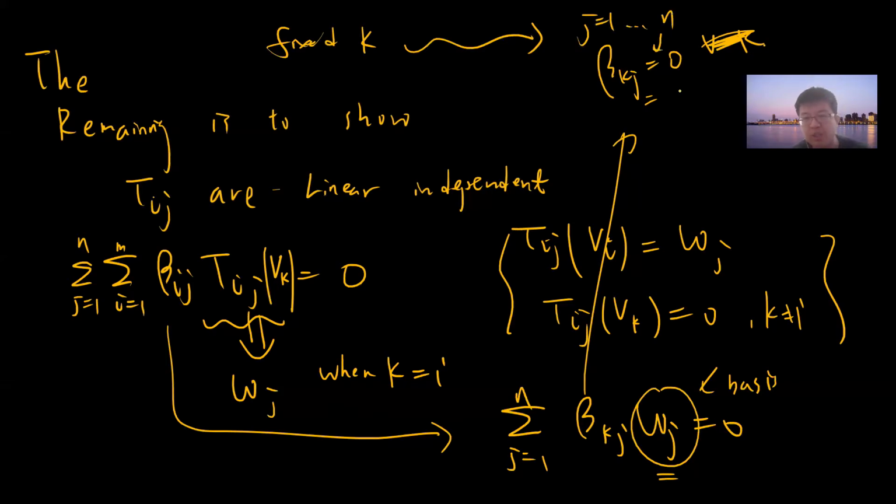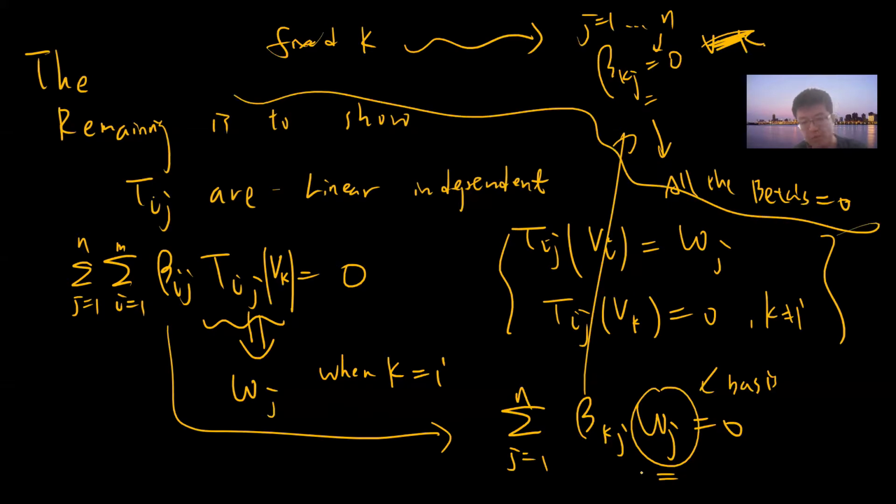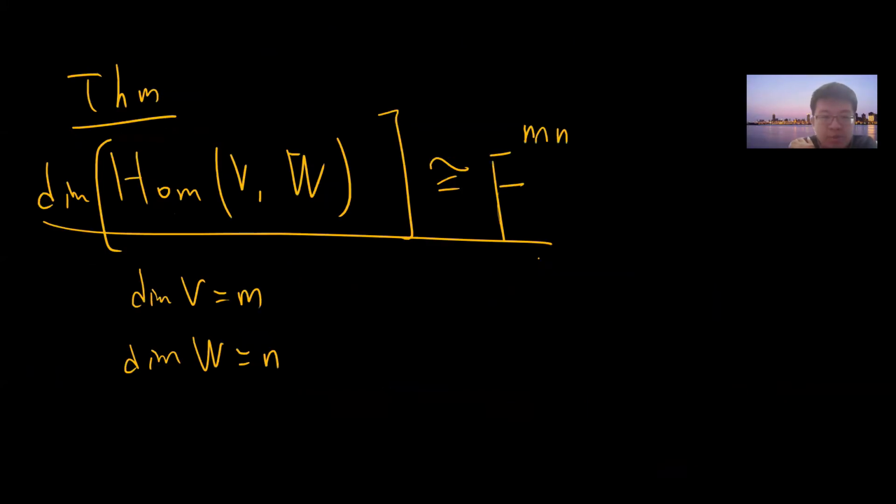But this argument works for all k, and your k can go from 1 to m. So basically you prove that all the betas are 0. So all the beta kj are 0, so they are linearly independent, and their span will be Hom(V,W). So we prove this theorem.